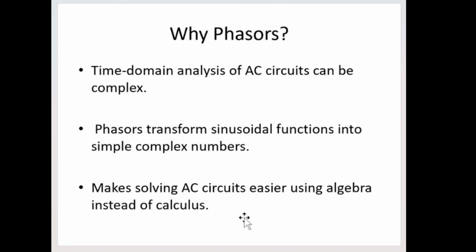So, what is the motivation here? Why do we even bother to talk about the new concept of phasor? Because we can essentially define or derive the equations for AC circuits in time domain. The answer is yes, we can derive these equations, but as you have seen before, these are differential equations where oftentimes it's complex to obtain the solution.